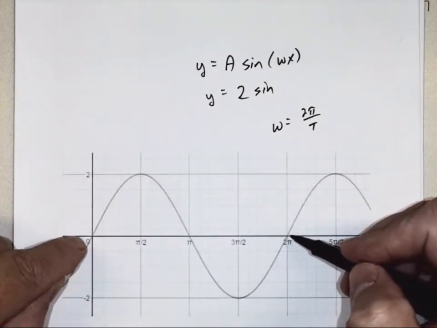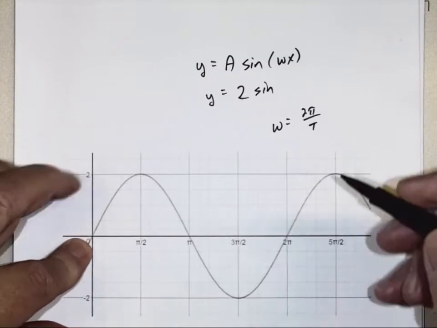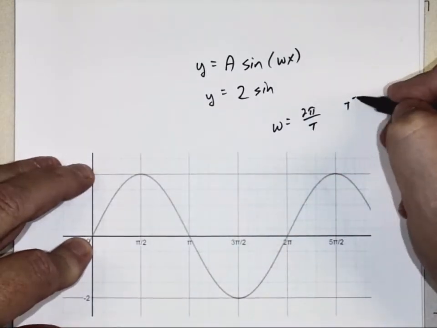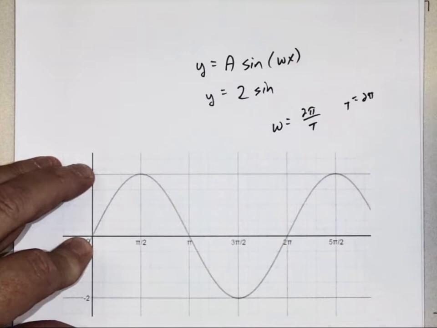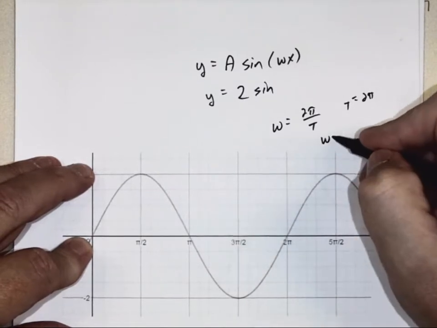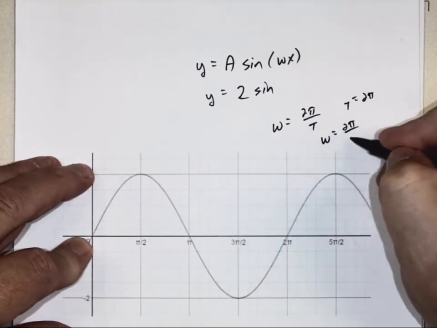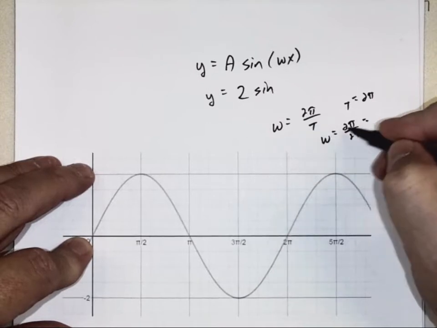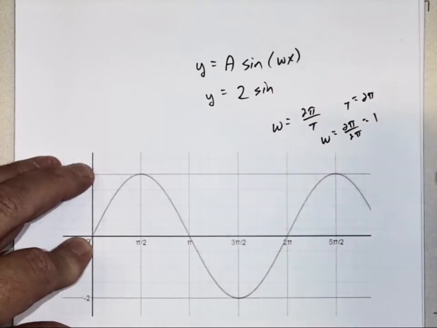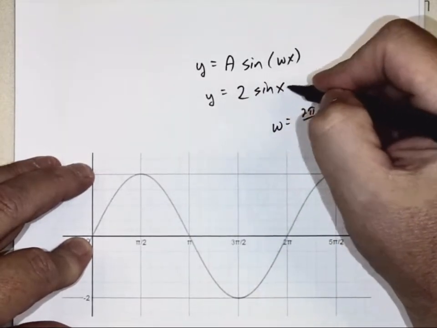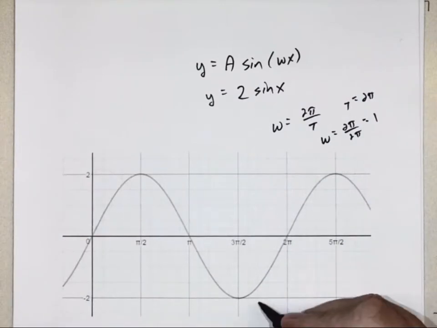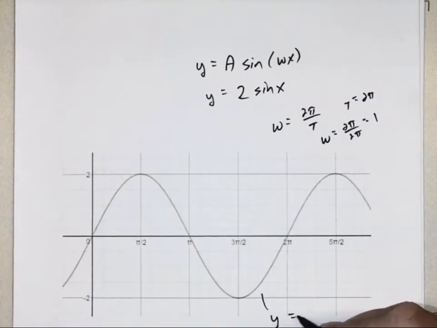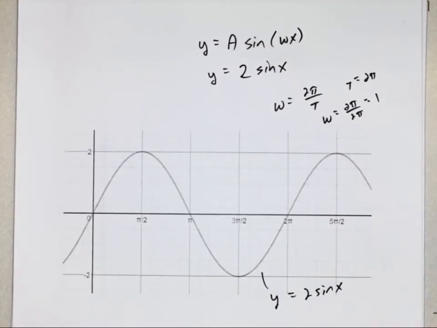So it looks like the period is from 0 to 2 pi. The period is 2 pi. Therefore, omega is 1. This is pretty simple. The graph of this curve is y equals 2 sine x.